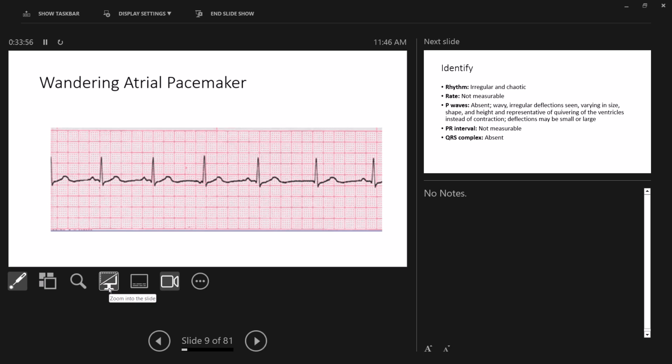The other thing that we want to look at right here is, is this PR interval the same as pretty much this PR interval? It looks similar, but it looks like to me that this PR interval is just a little bit wider, which tells us that that impulse over here is coming from somewhere else other than where this impulse comes in.